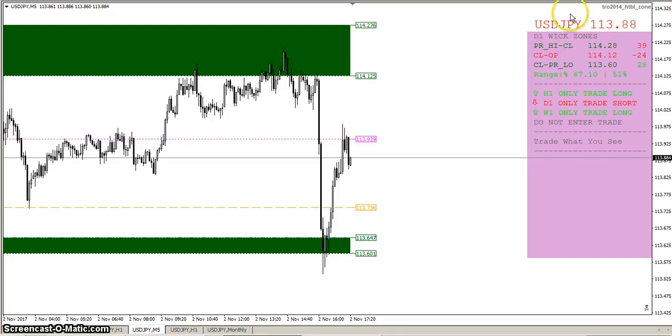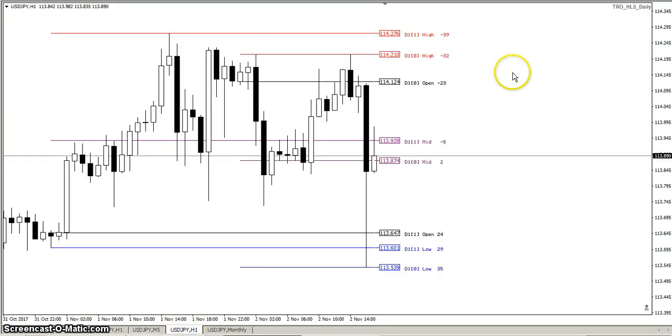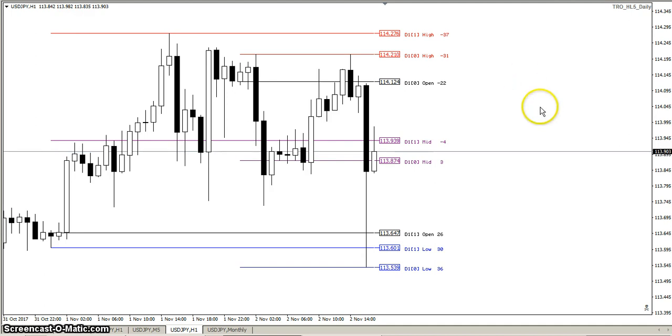Now, you don't have to use my donational indicator if you don't want to. I put out TROHL5, and you can download that one for free. You guys know where I post my code.